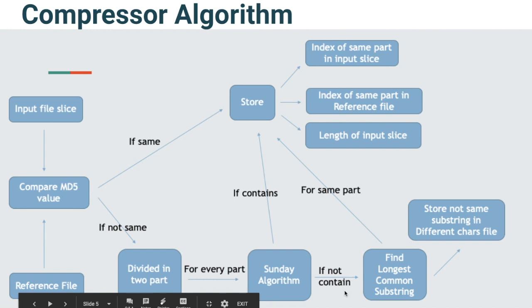If they are not matched, we will use dynamic programming to find the longest common substring of the common part. The common part will be sent to the store step and the remaining different part will be stored in the different char file. The store step is to store 3 data in the .common file. The detail will be introduced in the example.